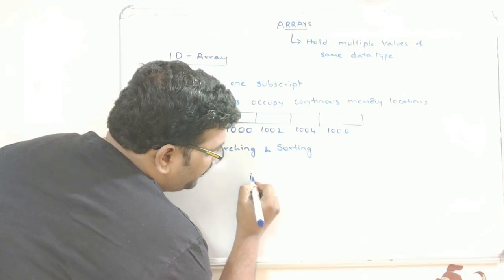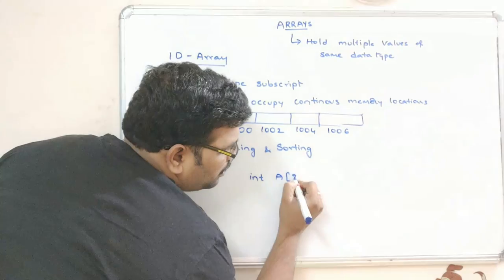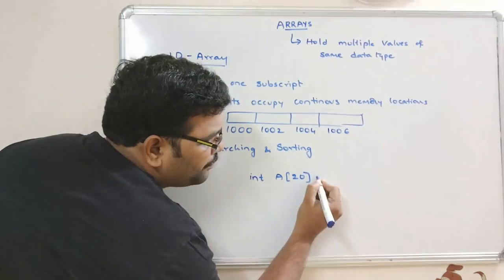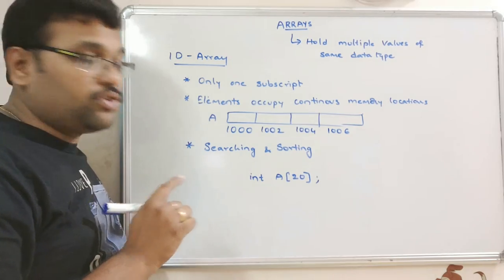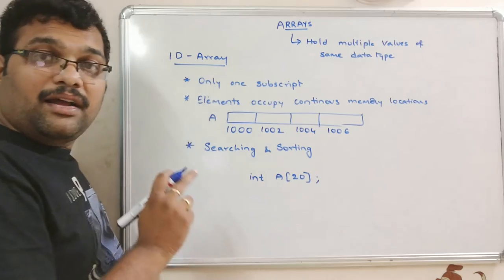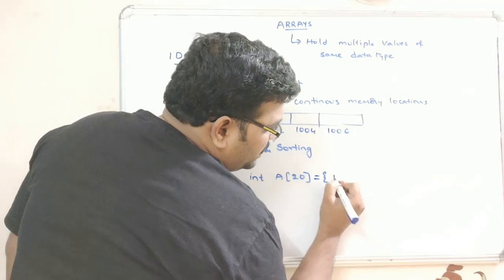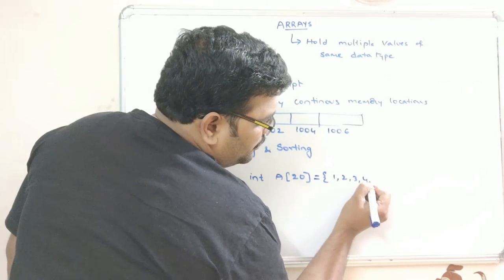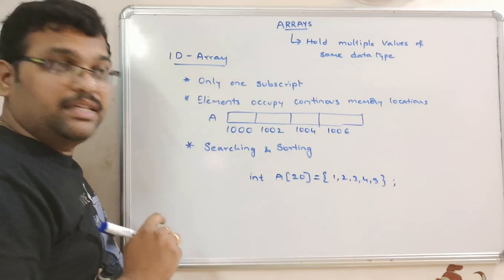So declaration: int a of some 20. So this is the declaration but not initialization. Directly we can initialize at compile time simply by placing the elements in curly braces. So this is a compile time initialization.